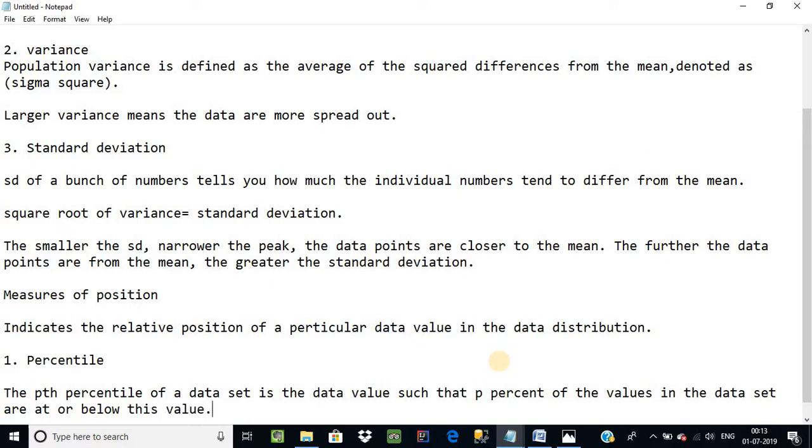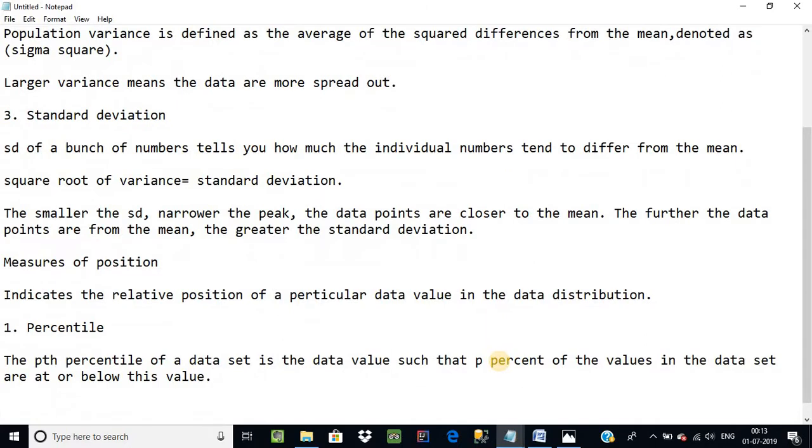For example, always remember this concept: the 50th percentile is called, just guess, what will be the answer? It's called the median.